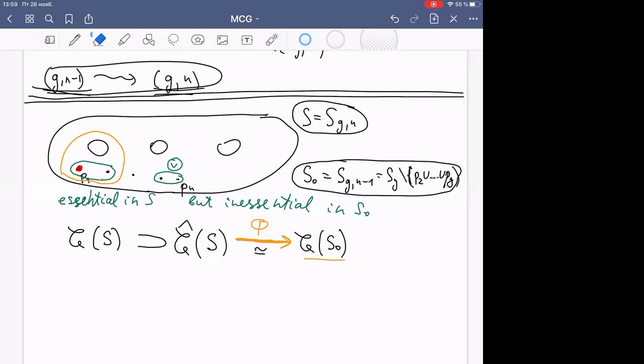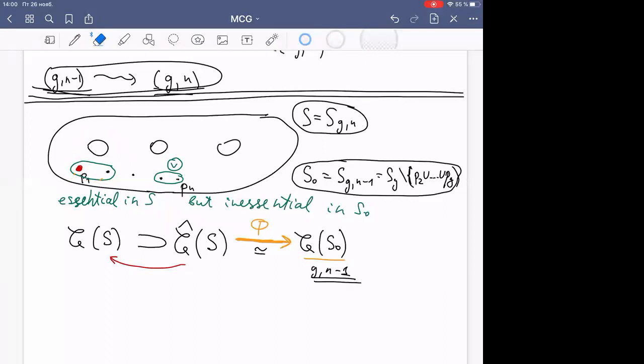So this complex C hat is homotopy equivalent to the curve complex with the same genus and one less puncture. And when we try to construct the total C of S from C hat of S, we need to proceed as follows.